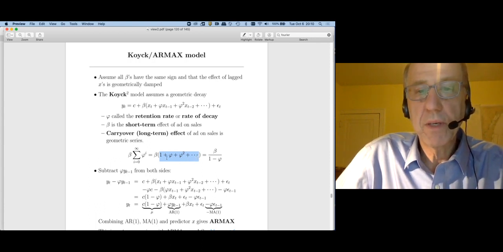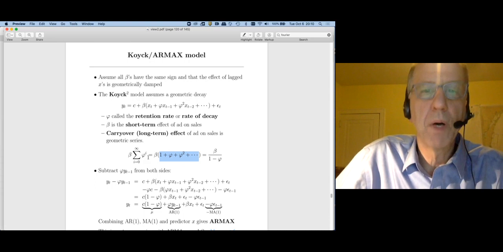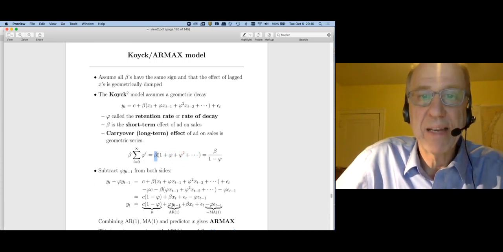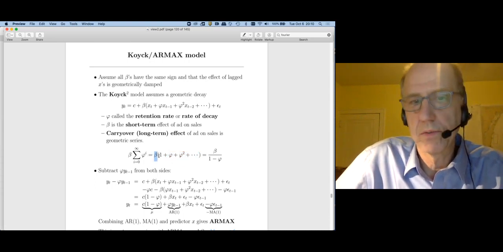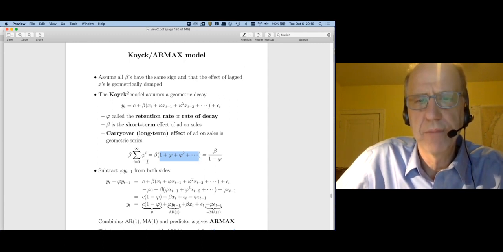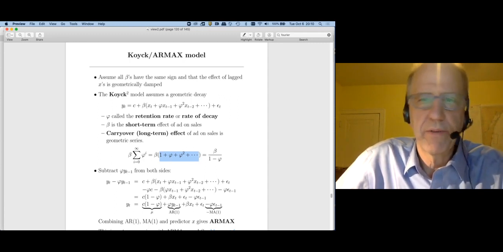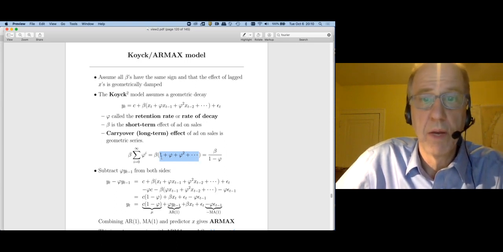So think of this as the total effect of advertising into the future, and then we're going to multiply that by this beta. So beta is whatever my advertising effect has into the future. Now we recognize what I've highlighted as a geometric series. So this is going to sum to 1 over 1 minus phi.